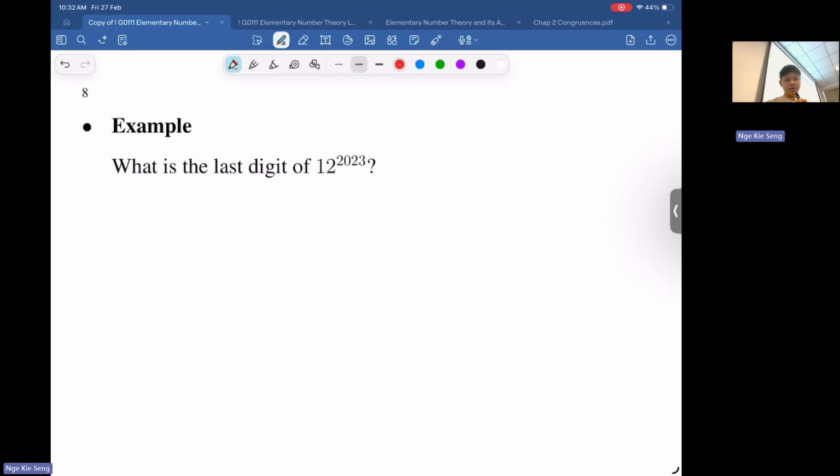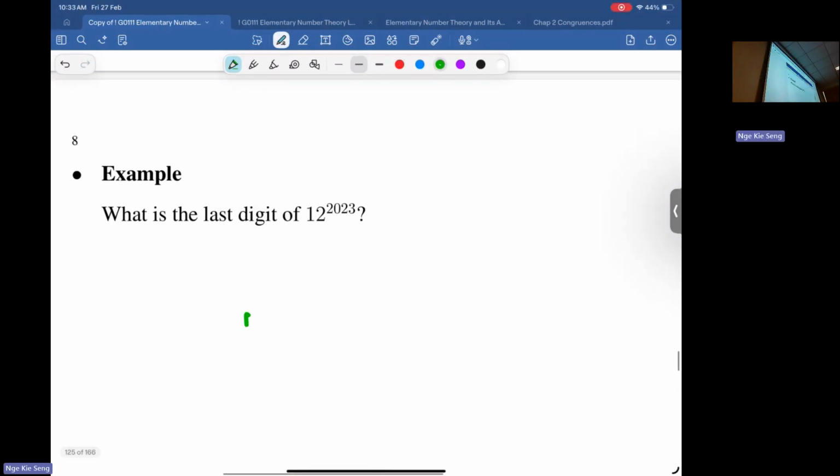So I'll leave it for you to compute this. It's the same thing. Let's skip this one. The solution is 4, I guess. If we consider 2026, I think the solution is 2. You can go back and do practice.